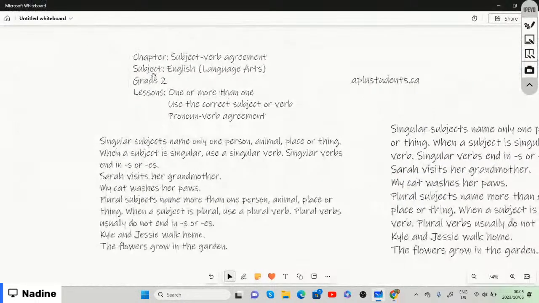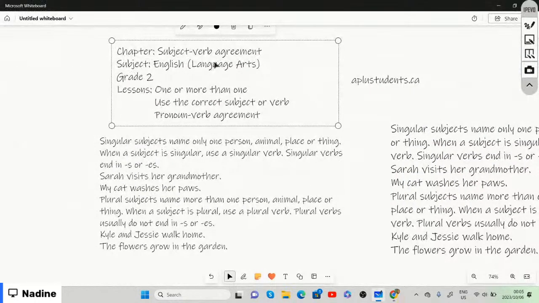So basically, our chapter is subject verb agreement. Our subject is English or language arts, grade 2. And the lessons that we are focusing on today are: one or more than one, use the correct subject or verb, and pronoun verb agreement.